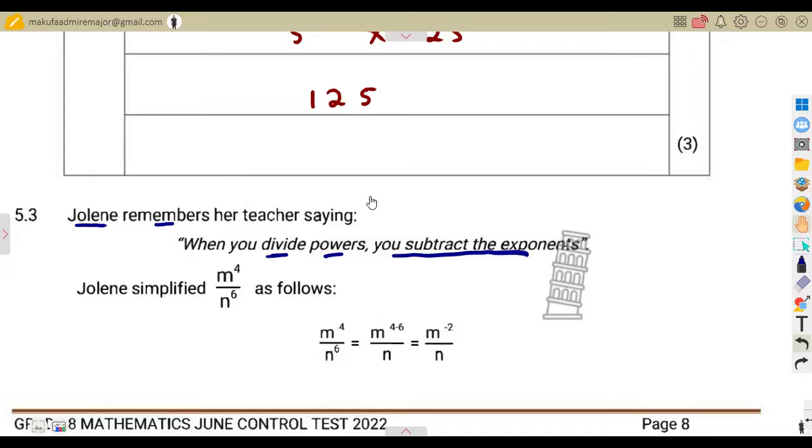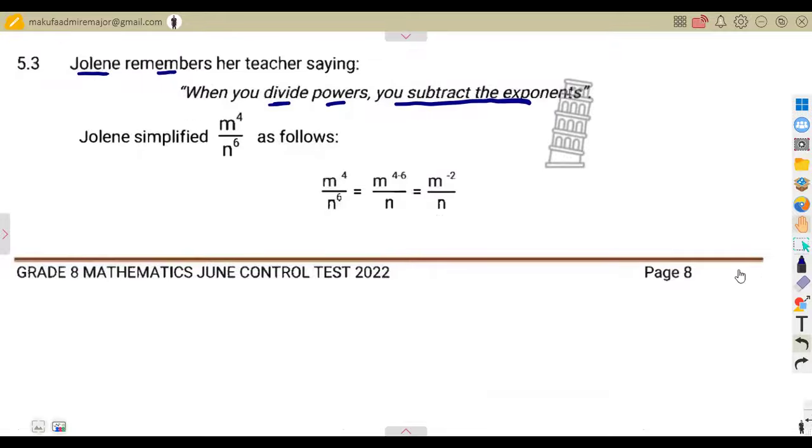It is when you are dividing exponents that you subtract the powers. Not to say when you divide the powers. You can't divide the powers, all right? So the question is not there, but here we can just correct it the way she remembers, because the teacher cannot say this.